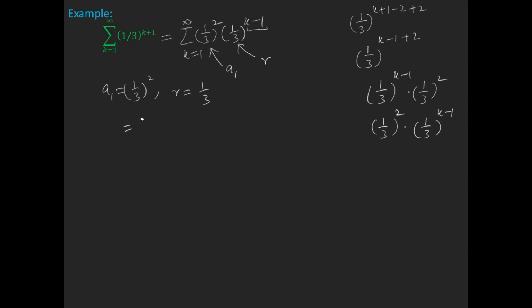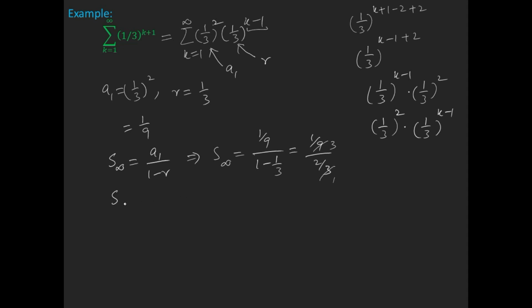So a1 is further simplified, so this is 1 over 9. Putting the values of a1 and r in S infinity, this is the formula, and S infinity is equal to a1 is 1 over 9 and r is 1 over 3, so 1 over 9 divided by 2 over 3, because 1 minus 1 by 3 is 2 by 3, and 3 times 3 is 9.